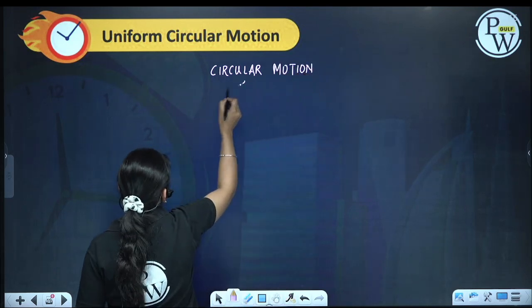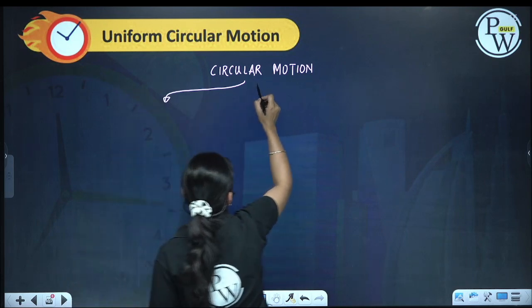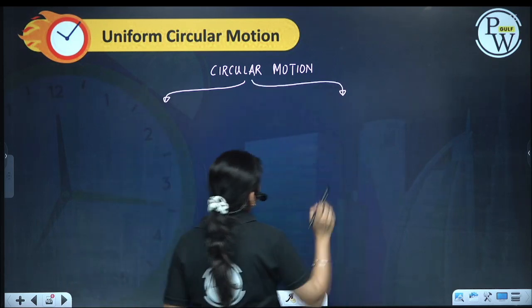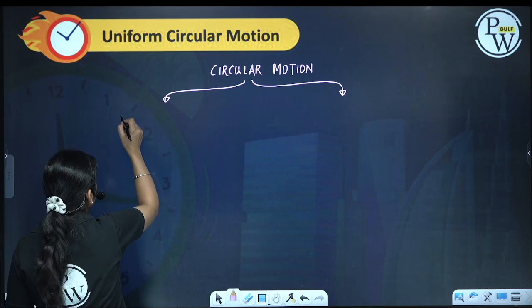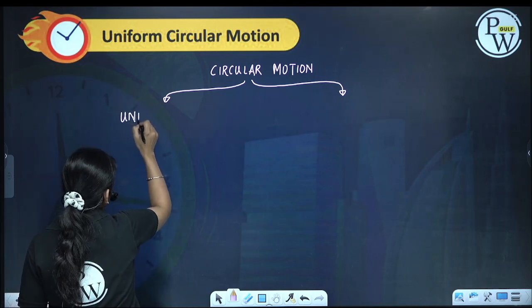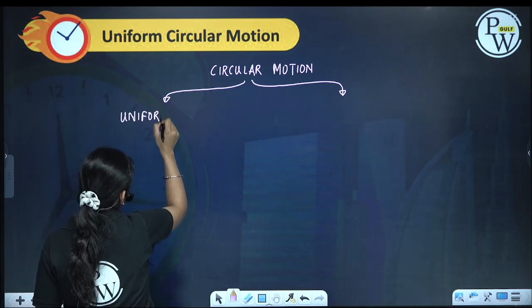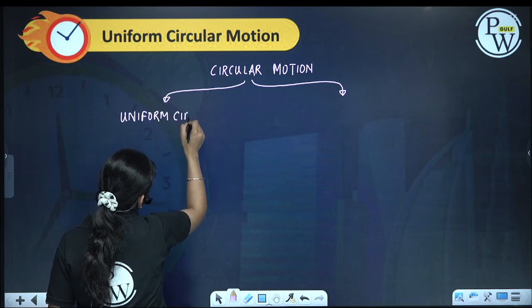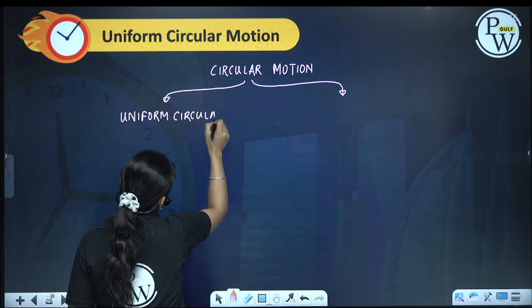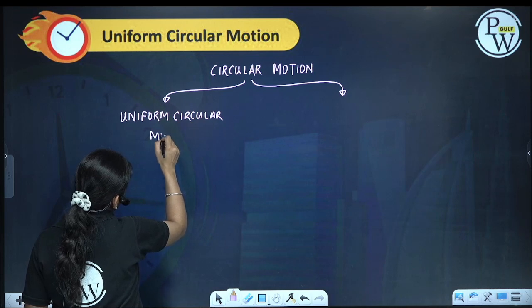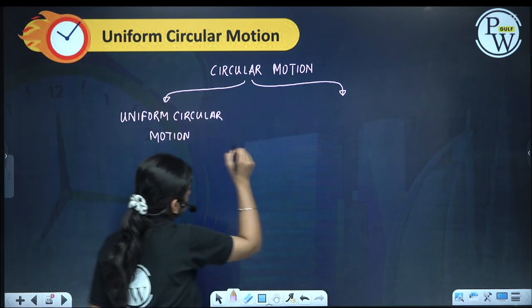Circular motion can be of two types: uniform circular motion or non-uniform circular motion.